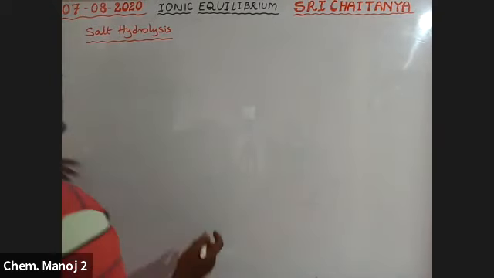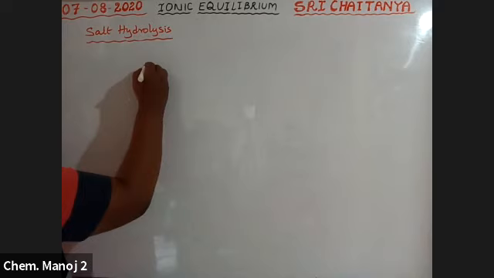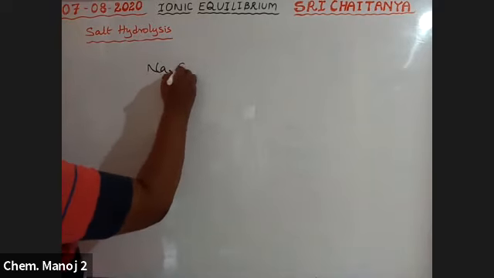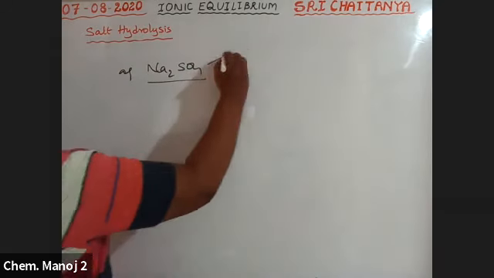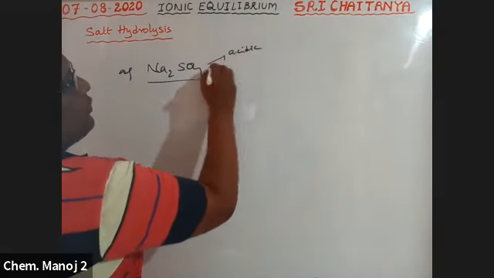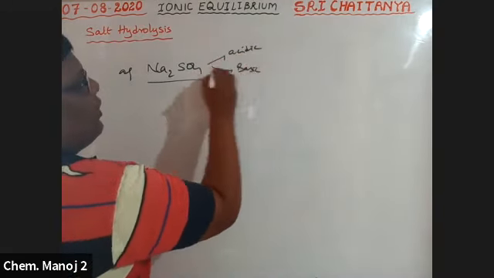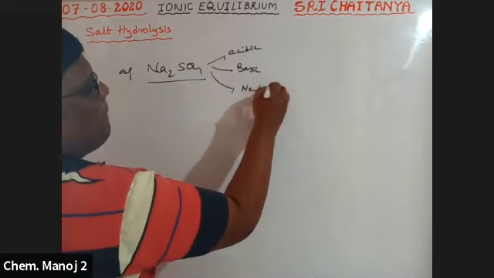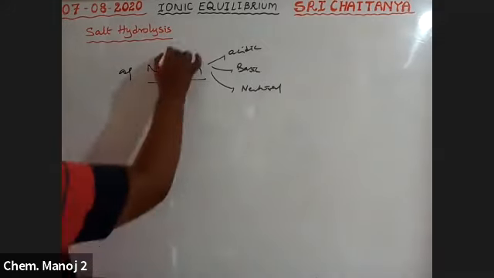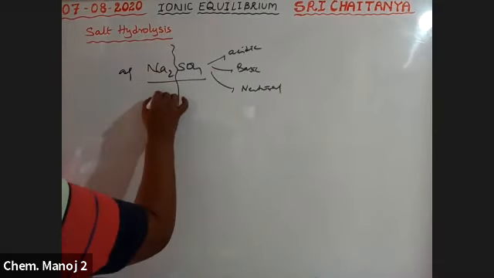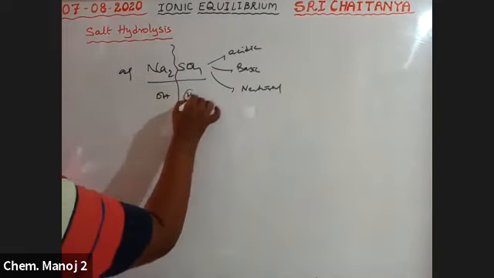See boys, let us take this salt, Na2SO4 solution. Is the nature of the solution acidic, basic, or neutral? Let us split it: OH on this side, H on this side.